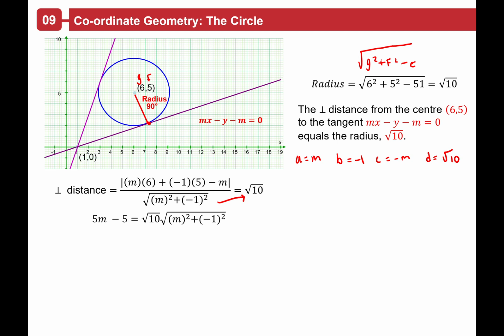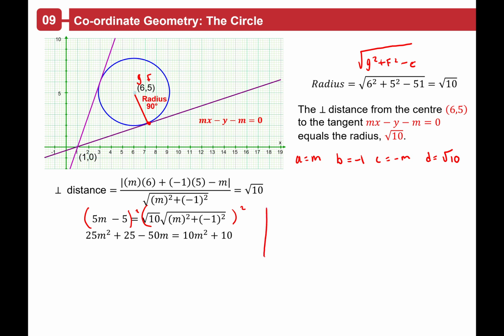Okay, so we want to solve for m from here. So I'm going to square both sides of my equation to get rid of my square roots. So this leaves me with 25m squared plus 25 minus 50m is equal to 10 times m squared plus 1, which gives me 10m squared plus 10.